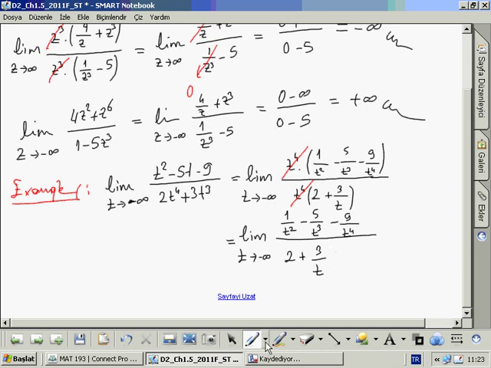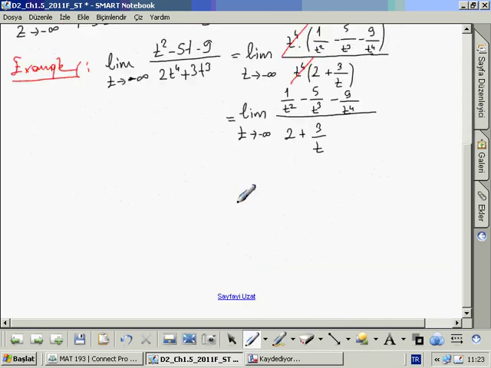After this part you can easily see it will be 0 over 2, so it's equal to 0. In this case, using fact 1, we can see that the numerator is 0 and the denominator is not 0, so the fraction is 0, and hence the limit will be 0.